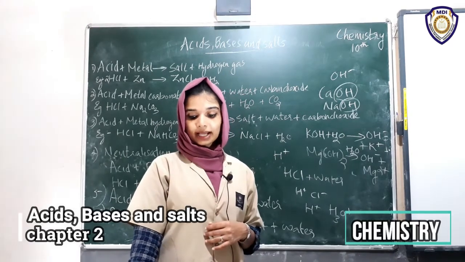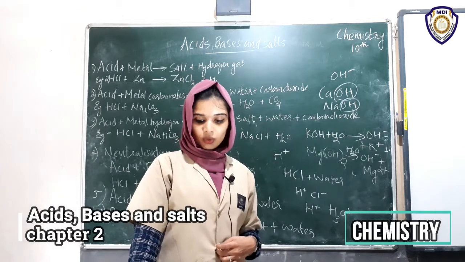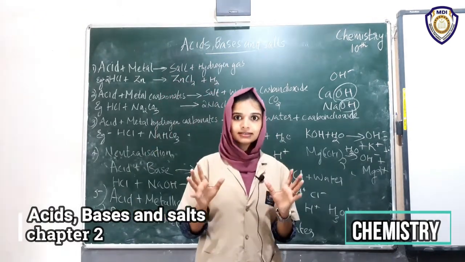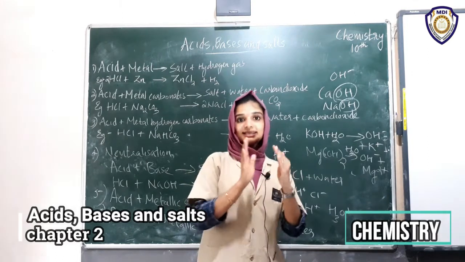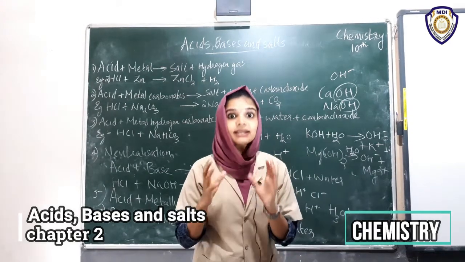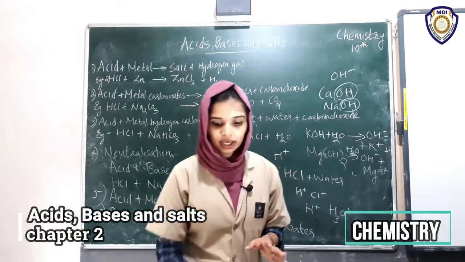Hydrogen ions cannot exist alone, but they exist after combining with water molecules. In HCl acid, the H plus never separates from Cl minus, but it separates from Cl minus when it is added to water.